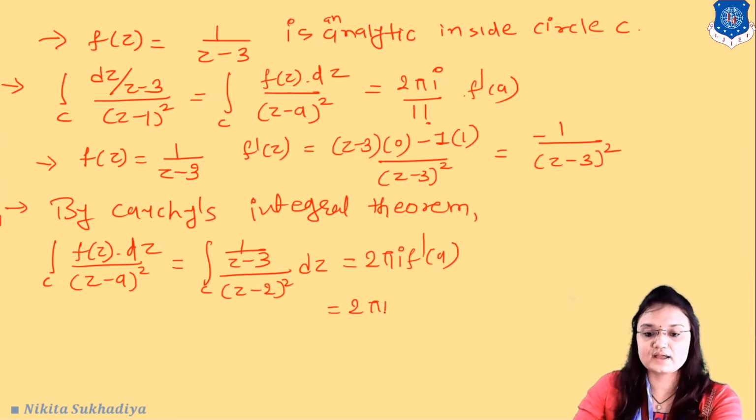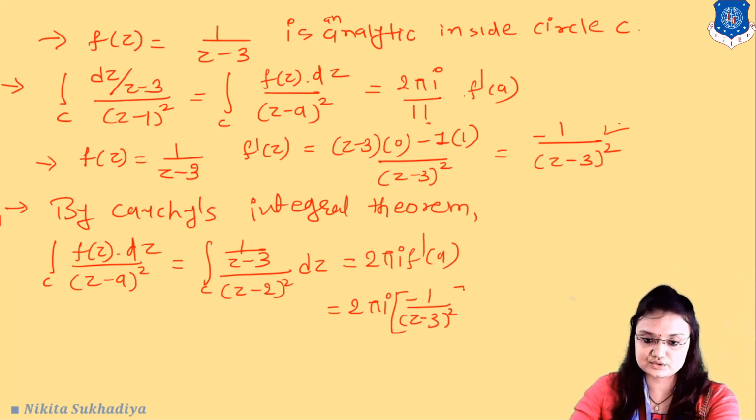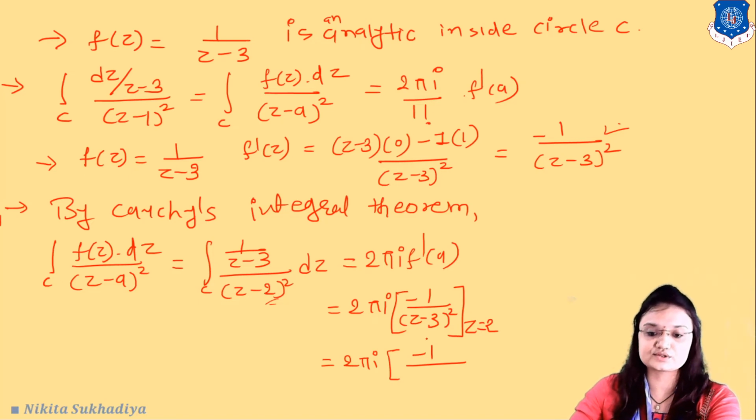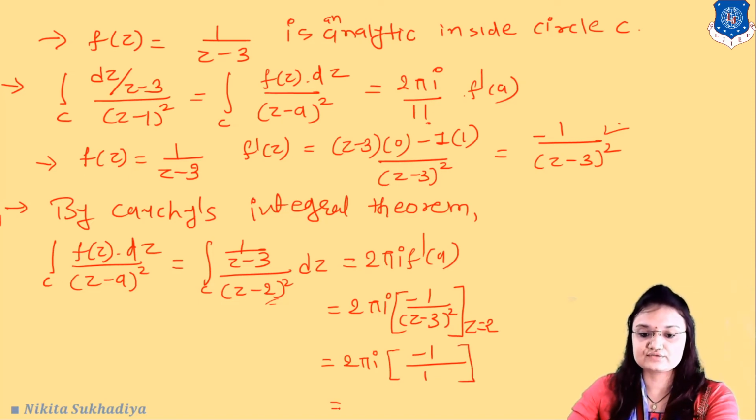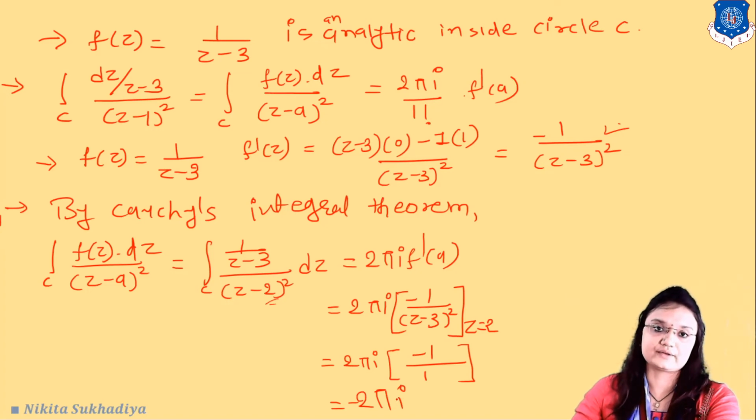Here I am not considering 1 factorial because 1 factorial is 1. What is f dash of a? Here we have f dash of z, which is minus 1 upon (z minus 3) raised to whole square. Put z equal to the point which lies inside the circle C, and that is 2. So this will become 2 pi i times minus 1 upon (2 minus 3) raised to whole square, so minus 1 raised to whole square is 1. So we will get the final answer, minus 2 pi i. This is our final solution.